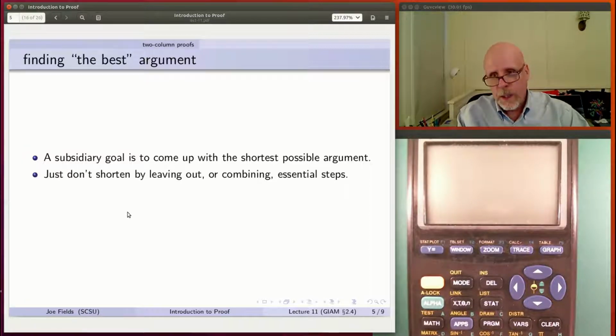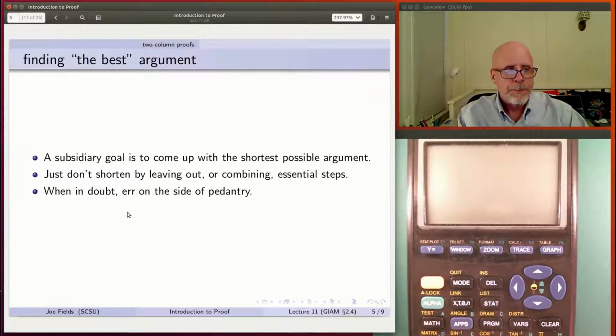Get there as quickly as you can. Just don't leave stuff out, and don't combine essential steps unless, like I said before, they're the trivial sort where you feel like combining a few of them isn't going to lose the reader. And this is a good point too. When in doubt, err on the side of pedantry. I mostly just included this point because I love that word. I think everybody has heard the phrase "being pedantic," like I'm being right now.